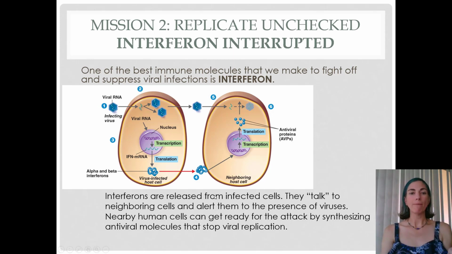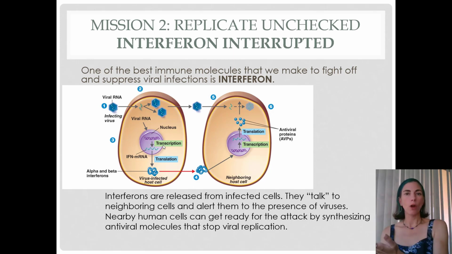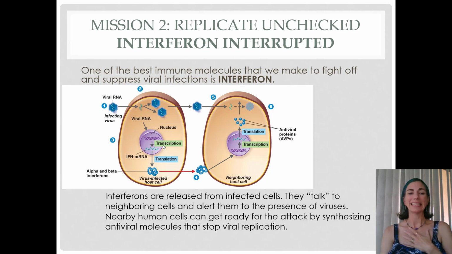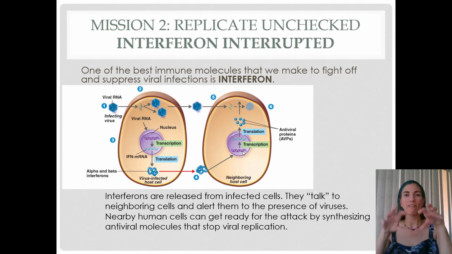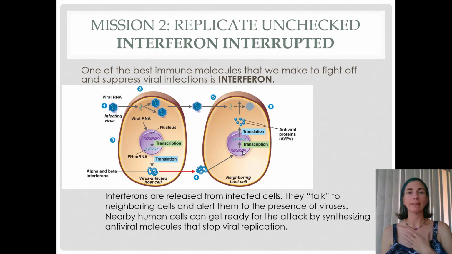So typically what happens is when a virus gets into our cell and starts replicating, we've already learned that one of the things that happens is we would express the antigen on MHC1 as a warning sign, but infected cells will also recognize that we're infected and secrete something called interferons. These interferons tell other cells nearby that a virus might be coming to infect them, and they should be ready to pounce on that incoming viral genetic material and cut it up. And so it's really useful for us.